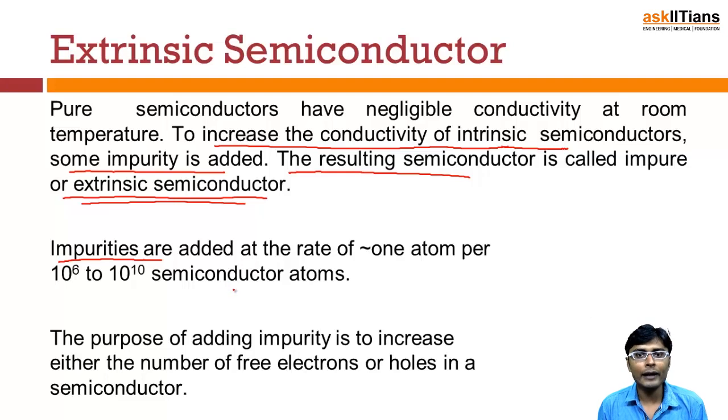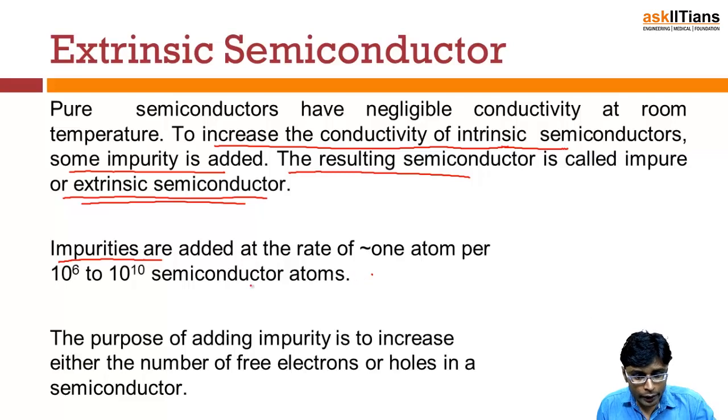So one impurity atom will be added per 10 raised to power 6 to 10 raised to power 10 silicon, germanium or any semiconductor atoms.